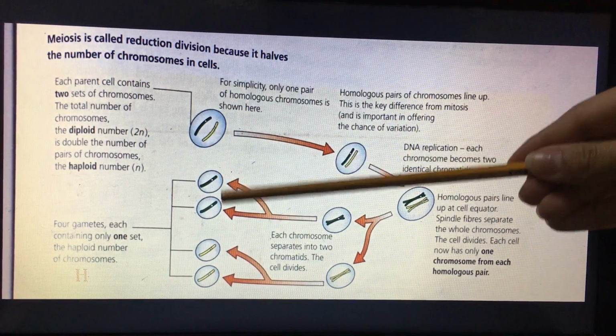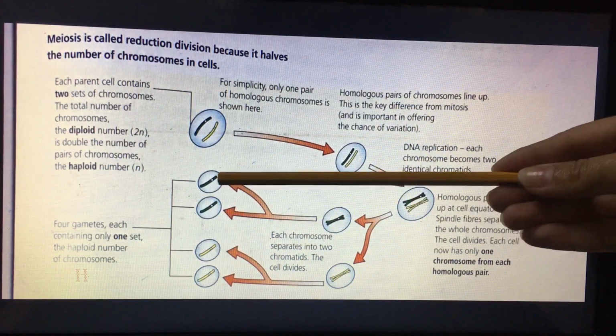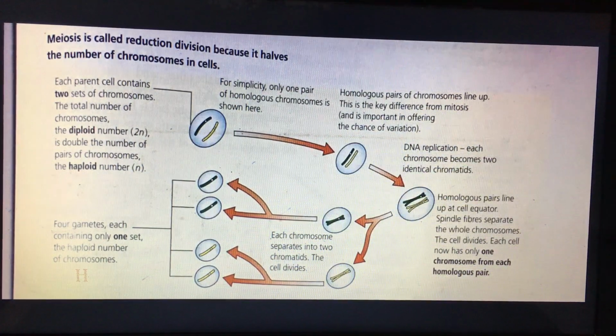So here we have 4 gametes, each containing only one set. So here we have the haploid number of chromosomes. Haploid number, n, n, n, n. So all of them have the haploid number of chromosomes.